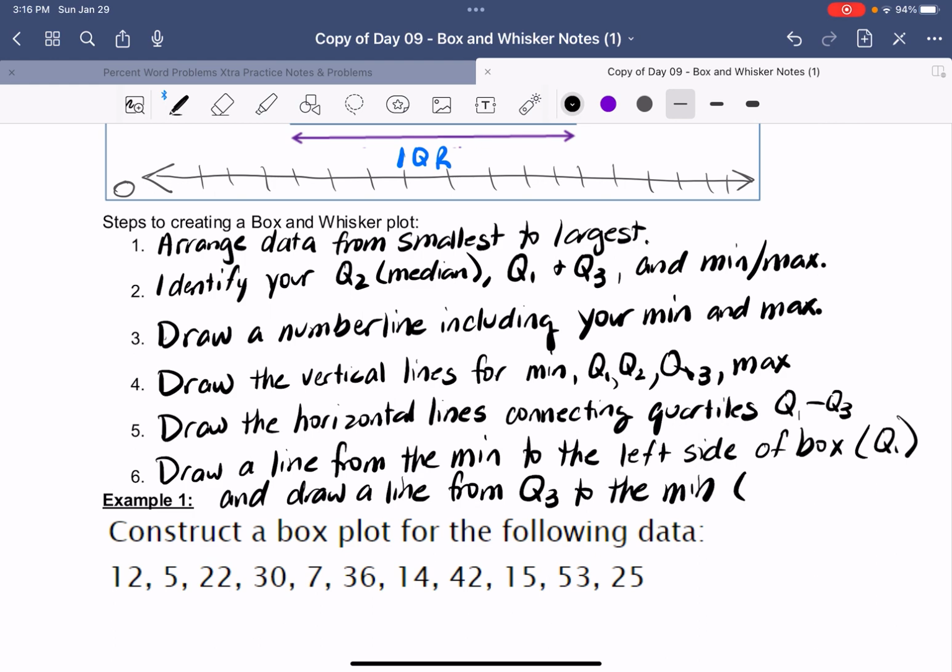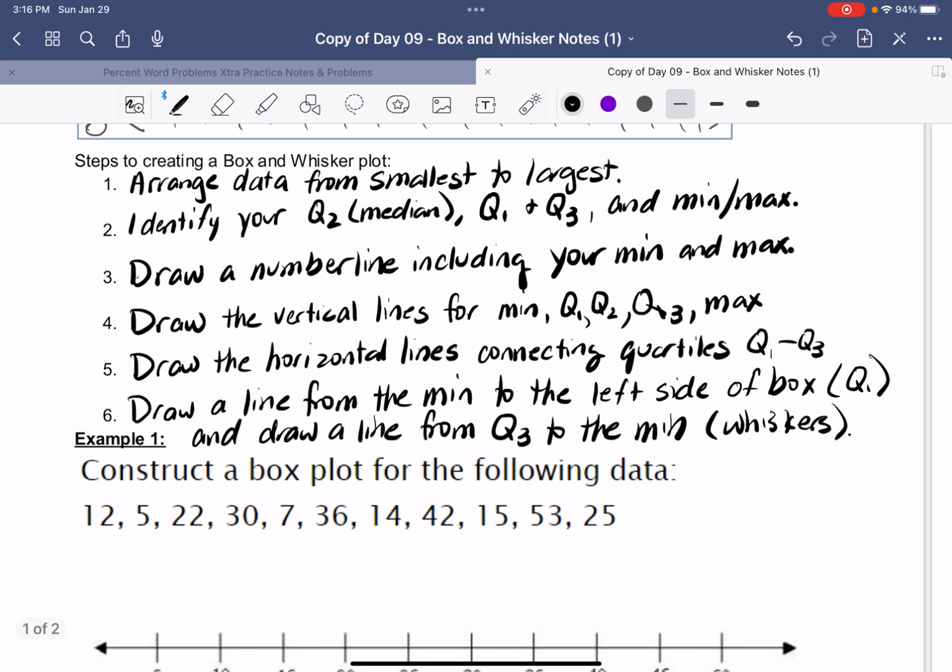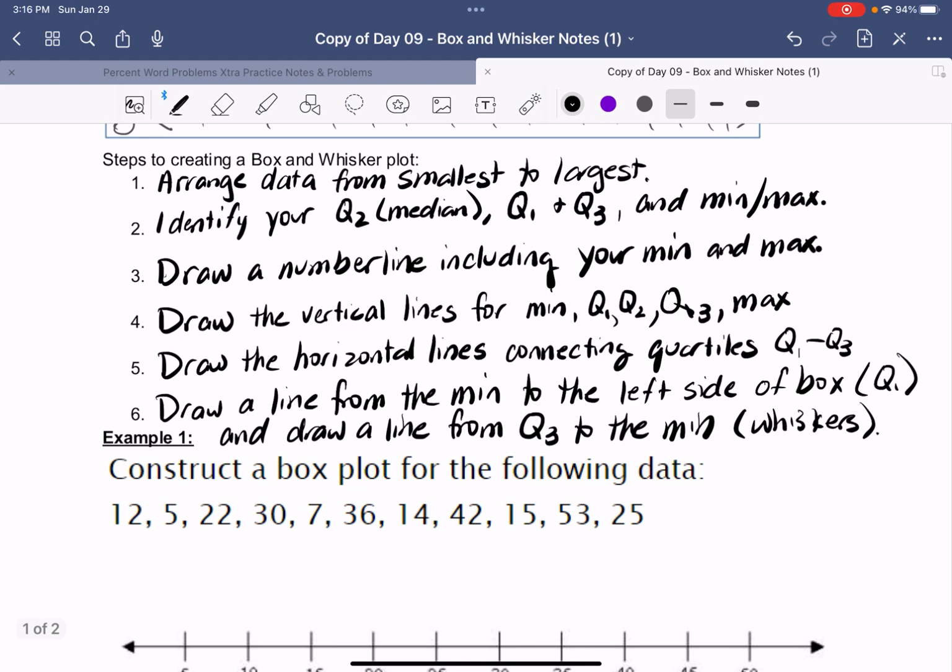And if you want to write a note here, you can write whiskers. Okay? All right. So it's a lot of words for drawing a picture. I get it. So let's do some practice.